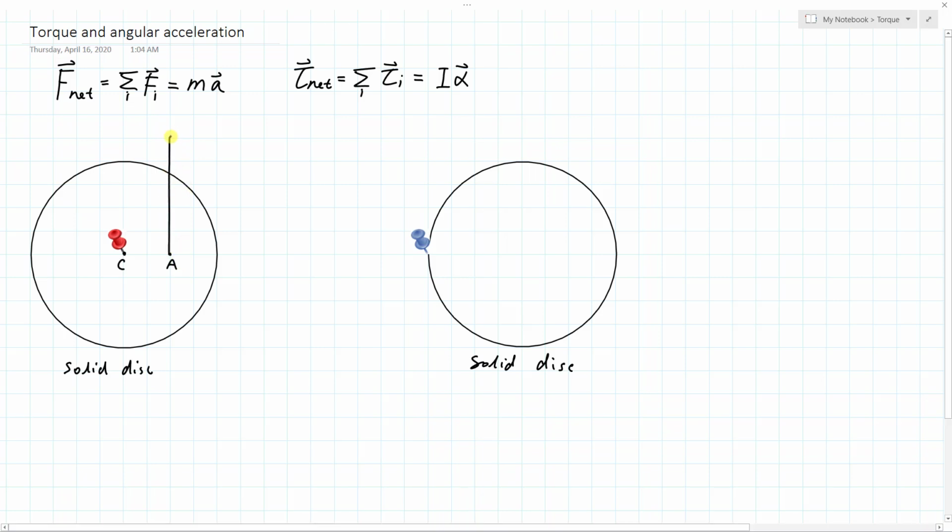So we have force F_A, that's the force applied at A, and the force has a magnitude of 32 newtons. Let's write in between the two diagrams that the situations are the same. So F_A has a magnitude of 32 newtons.